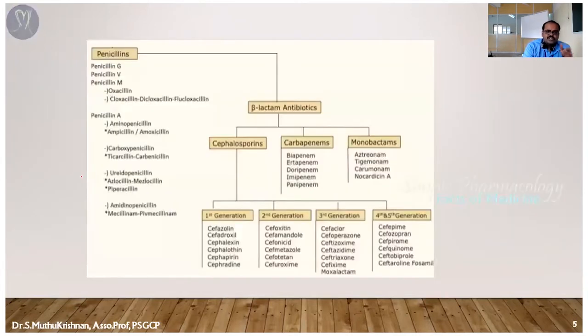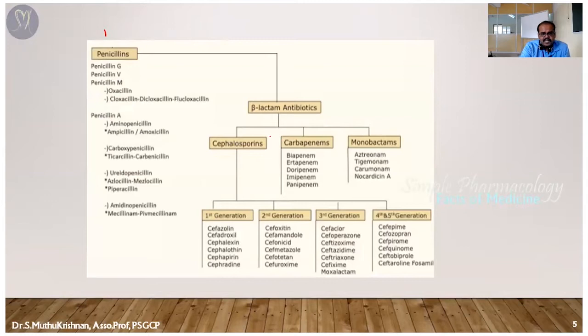This is another classification of the entire beta-lactam antibiotics. In this picture, you can easily see the entire beta-lactam antibiotics. The first category is penicillins, and the entire classification comes here.